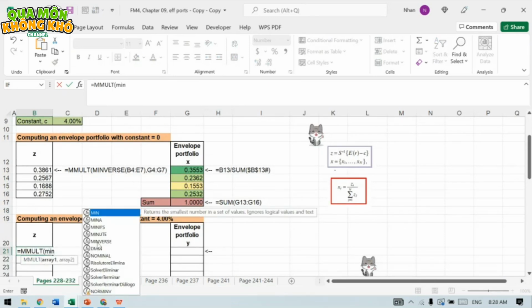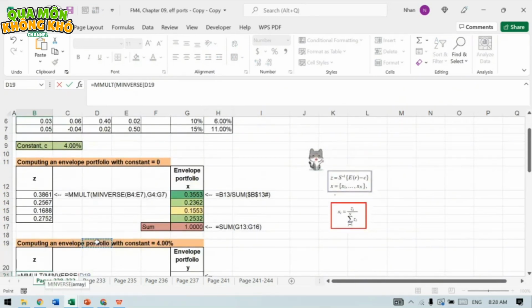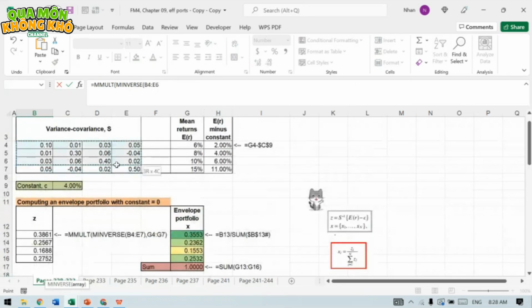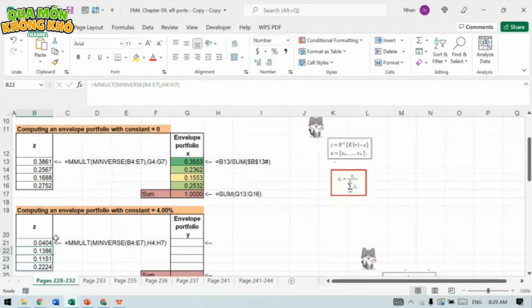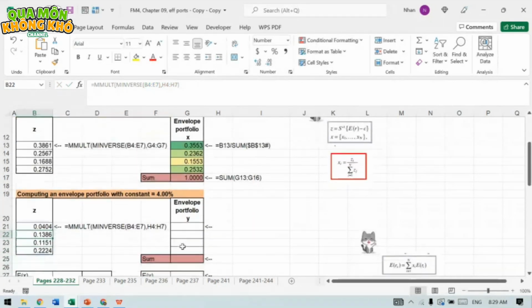Inverse of the variance-covariance and the expected return minus the constant. So I have the vector Y here, and I will find the envelope portfolio based on it.